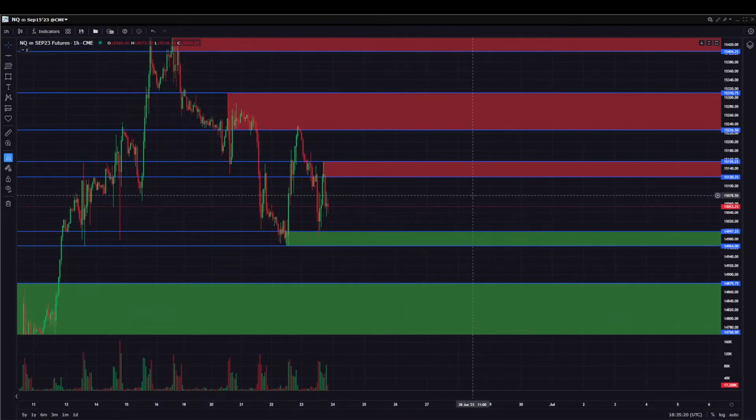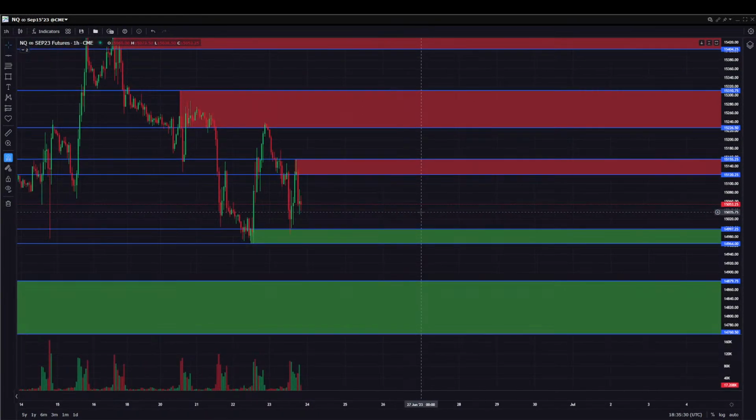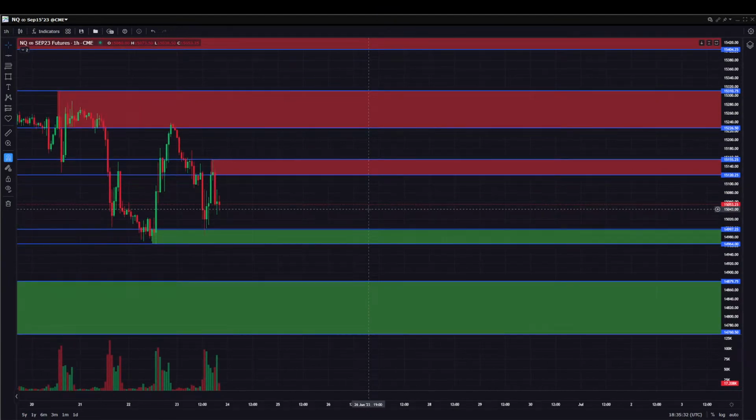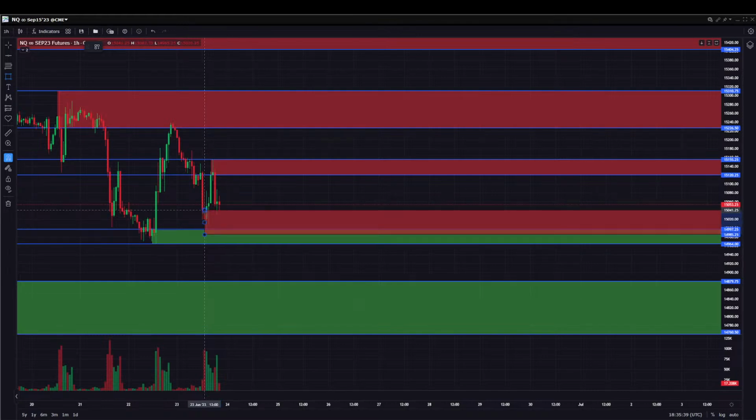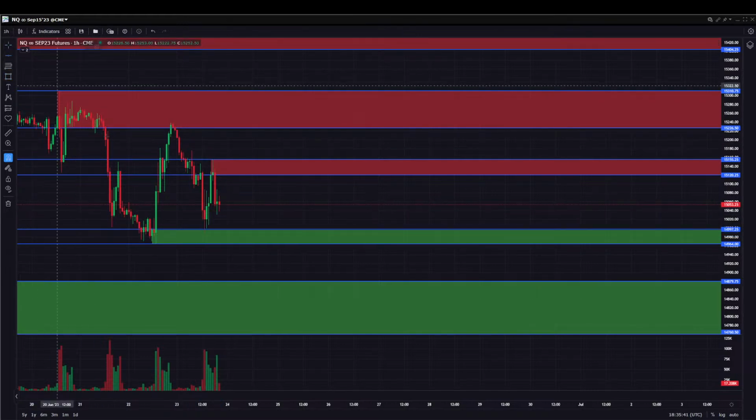Wow, NQ looks very good. Very clear levels. I'm assuming QQQ will be the same. So again, if I was to draw zones, this would be my next zone here. But instead of that, I already know where the bottom is going to be.